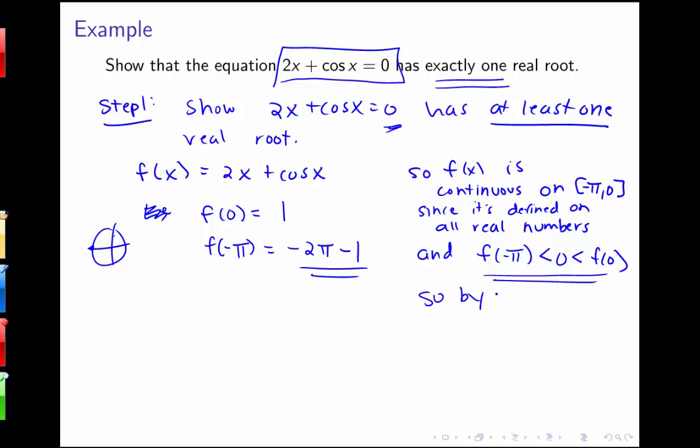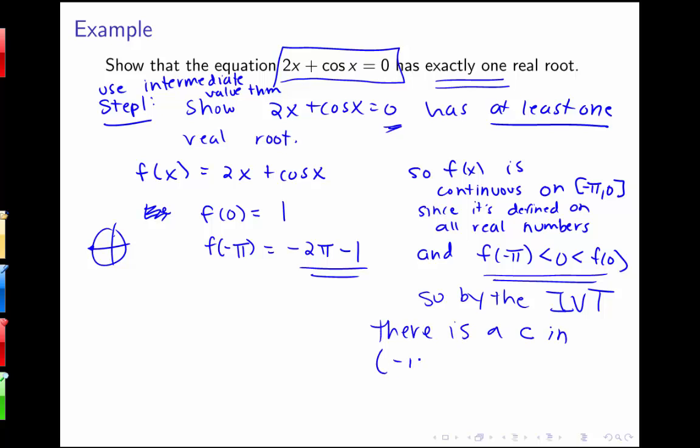So by the IVT, intermediate value theorem, so we're using the intermediate value theorem, there is a c in the interval from negative pi to 0 where our function is equal to 0.